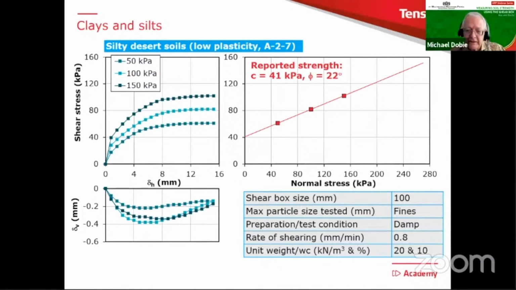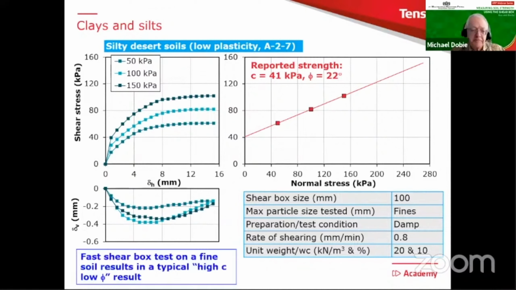It's a 100 millimeter shear box, only fines, so there's no problem with scale effects. But the test was done damp, in other words not flooded, at a rate of shearing of 0.8 millimeters per minute, so very fast. So what this means is we have concerns about the pore pressure inside the shear box.